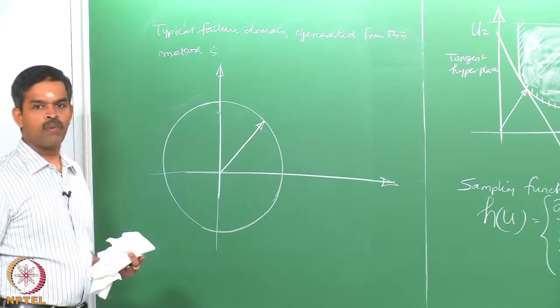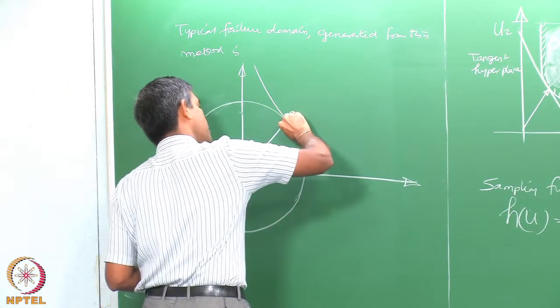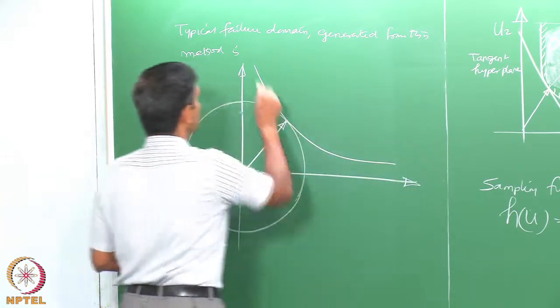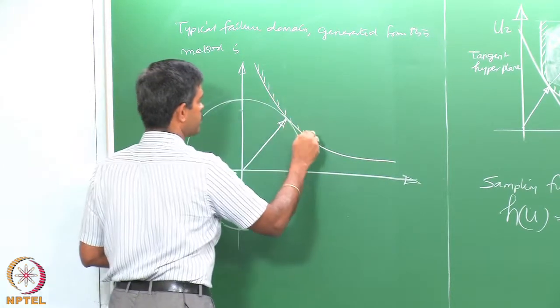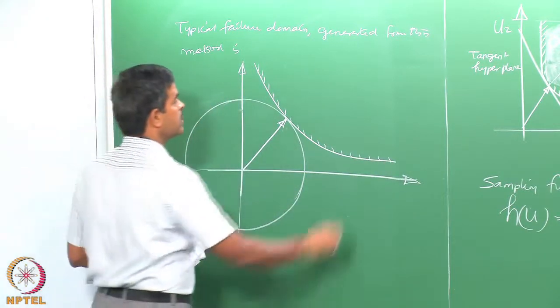That is the design point, and of course, this will remain tangent to the design point at that value, and that is my failure envelope.